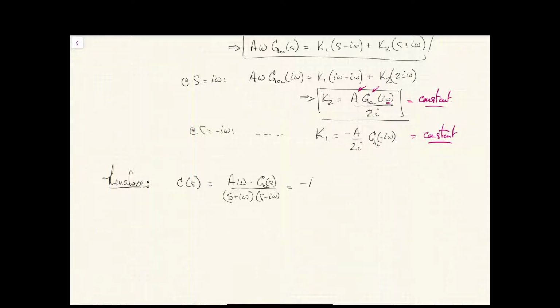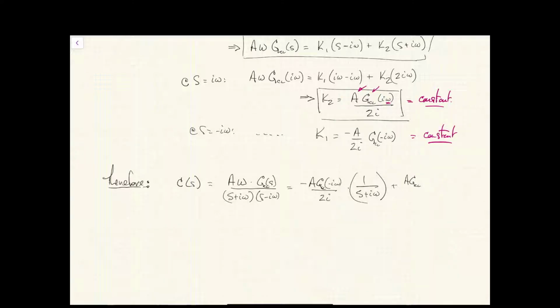That's equal to minus A, I'm substituting for my K1 and my K2 now, A G closed loop of minus I omega divided by 2I times 1 over S plus I omega, plus A times G closed loop.